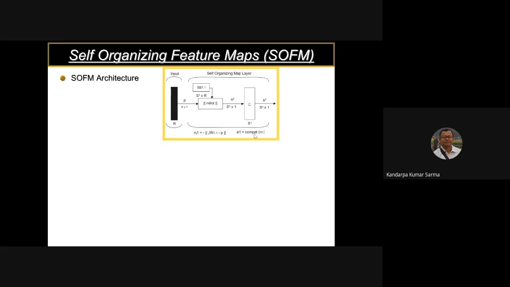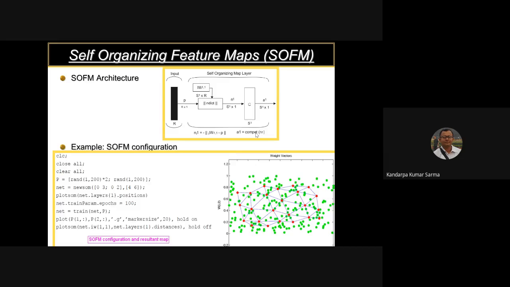This particular compet function will be generating the unsupervised learning and will create the competition to select the winner neuron that will take the sample value and then form the clusters, or the grouping.